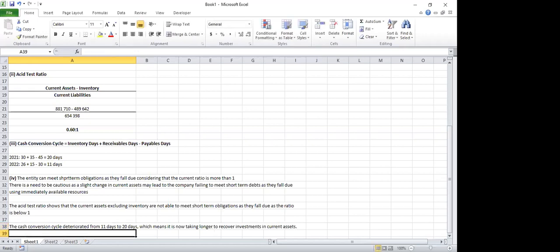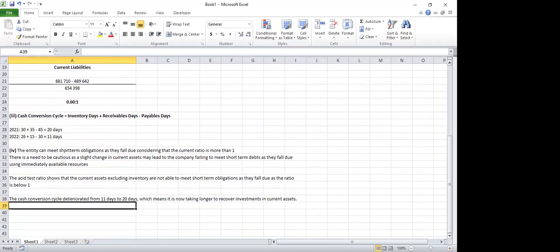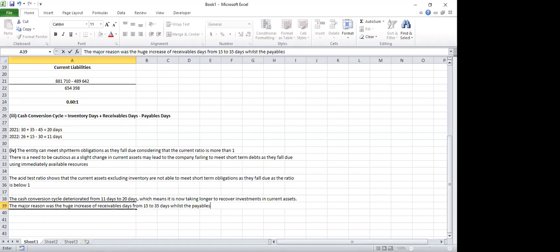If you can see, the major reason was the huge jump in receivable days from 15 to 35 days, whilst the payables days reduced from 45 to 30 days.